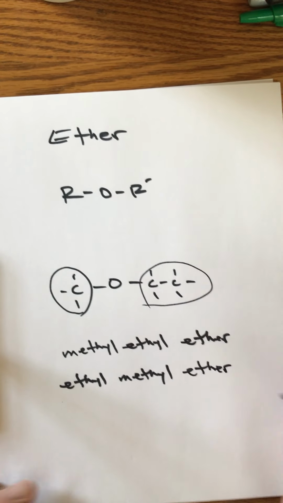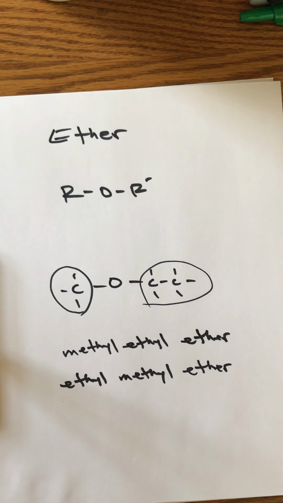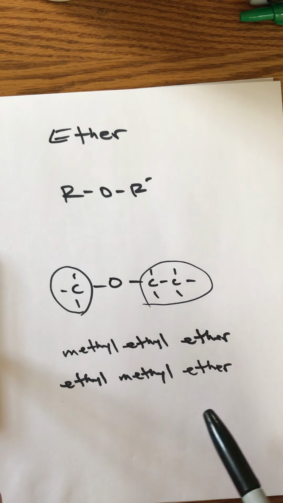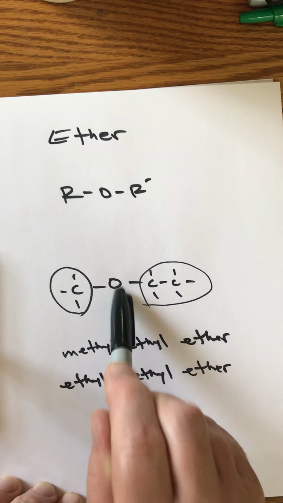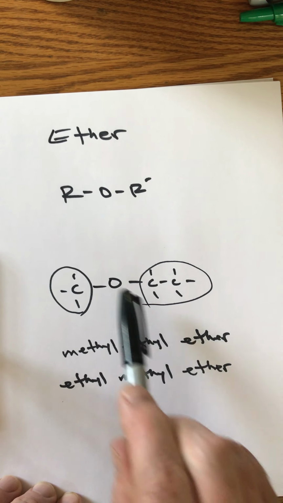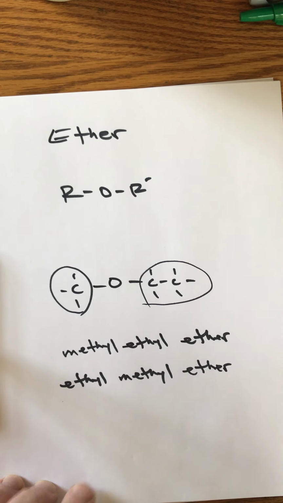I have talked to professors that say either is acceptable, and people can argue that until they're blue in the face. See, it's the same people that say, well, it's too positive, not plus two. I'm not going to give credit for it. Well, it means the same thing. So one side, then the other side, then the word ether. That's a little bizarre. That middle portion implies ether, or ether implies that's in the middle.